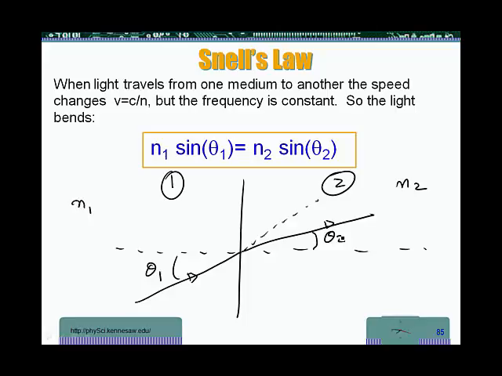The relationship between theta 1 and theta 2 is Snell's law. n1 sine of theta 1 is equal to n2 sine of theta 2.